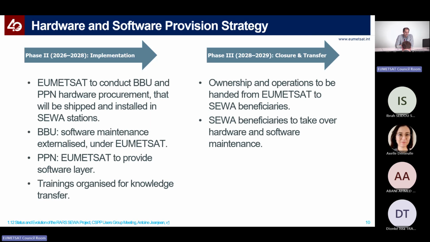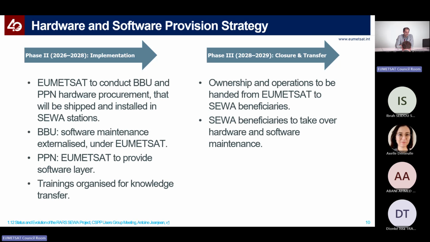So for the hardware and software provision strategy, now that the project is in phase 2, EUMETSAT is conducting a procurement for the baseband unit and the PPN hardware, and this will be shipped and installed in the SEWA stations. During implementation as well, the software maintenance will be under EUMETSAT, but this will be externalized to a company.